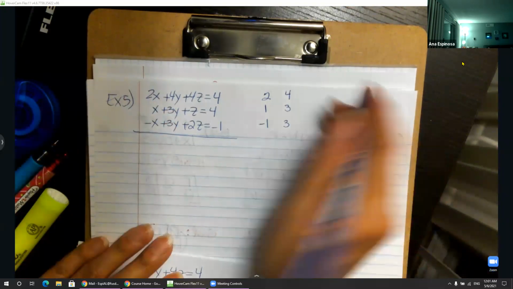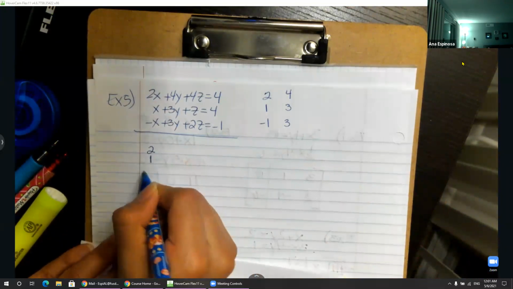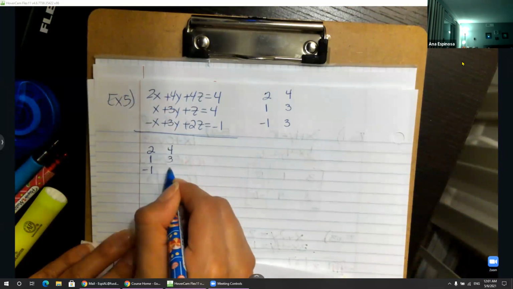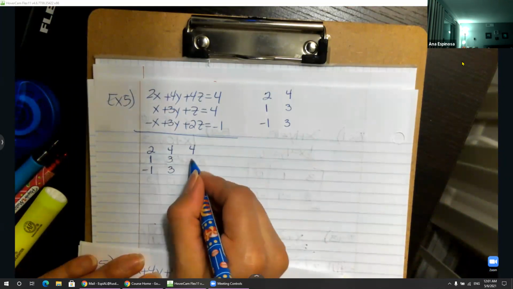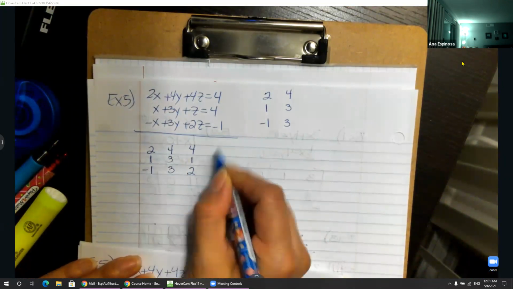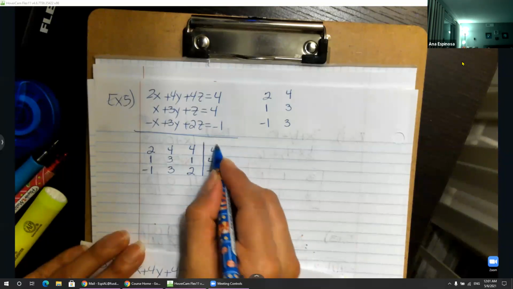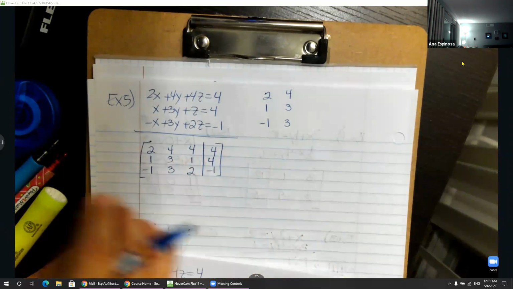Oh, I should write it down. Well, let me do it again. 2, 1, negative 1. 4, 3, 3. 4, 1, 2, or 4, 4, negative 1. Yeah, this is better when you have the actual rows.